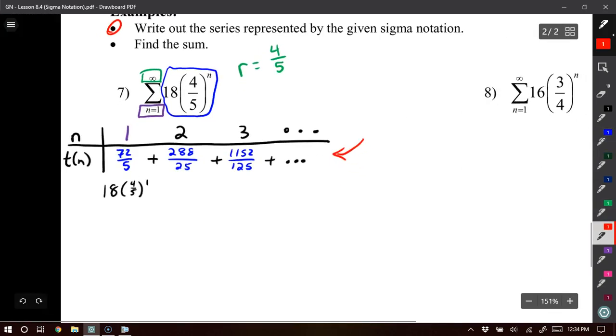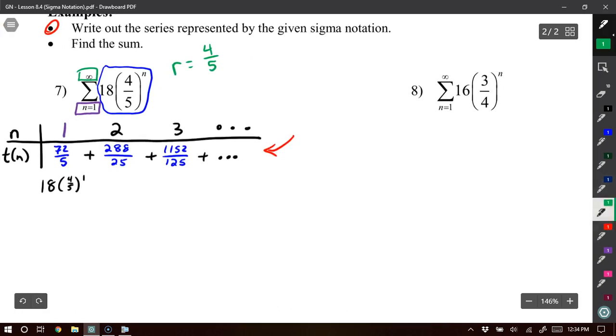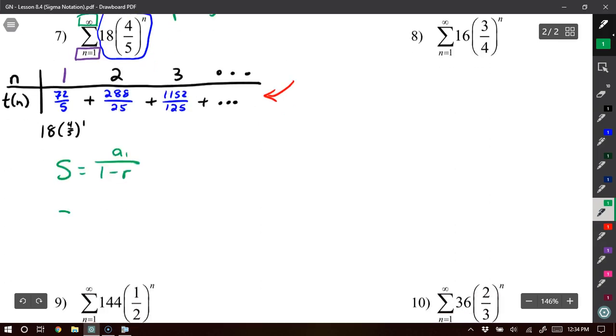Done. Now we're asked to find the sum. So we have that formula. Your sum is A1 over 1 minus R for an infinite geometric series. So my first term is 72 fifths. My common ratio is 4/5.